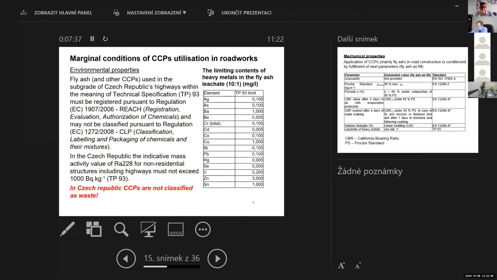There are marginal conditions which are necessary to fulfill to use coal combustion products in roadworks. First one, there are environmental properties. There are heavy metals in fly ash leakage. Those values were adopted from German specifications.